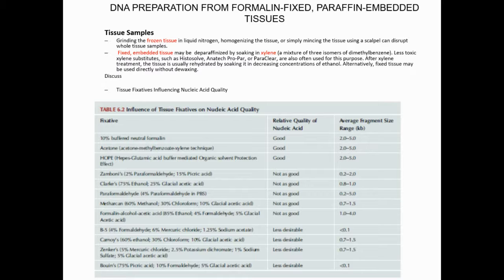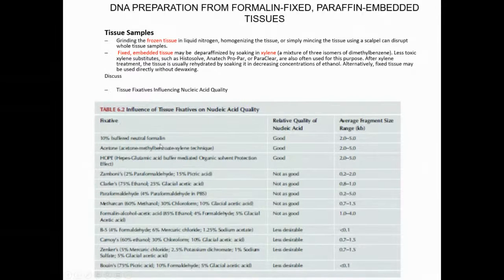Since the procedure of tissue fixation and embedding has a profound effect on DNA, the challenge to obtain DNA of satisfactory quality and quantity depends strongly on the type of fixation used for the preservation. And here is a list of the fixatives that you can use. The fixative you use will affect your downstream DNA quality and quantity.